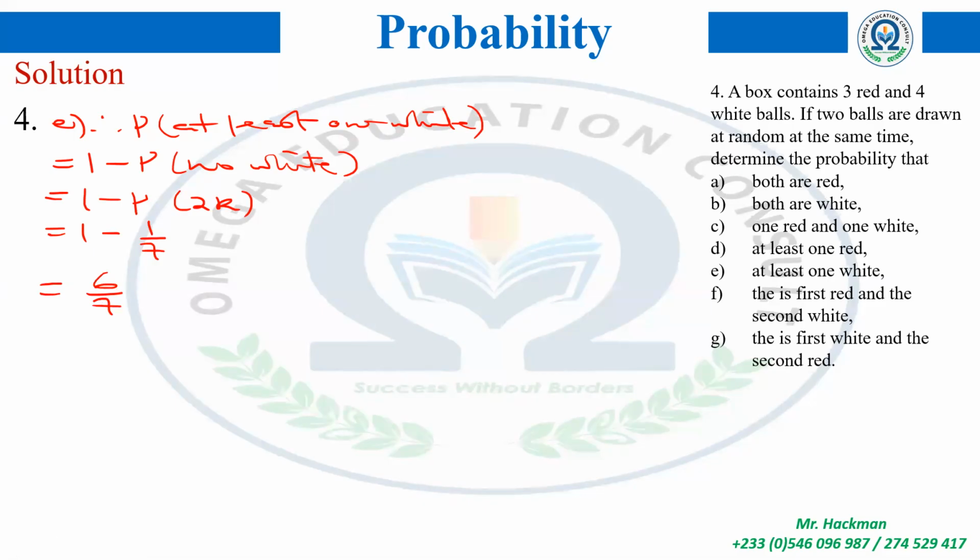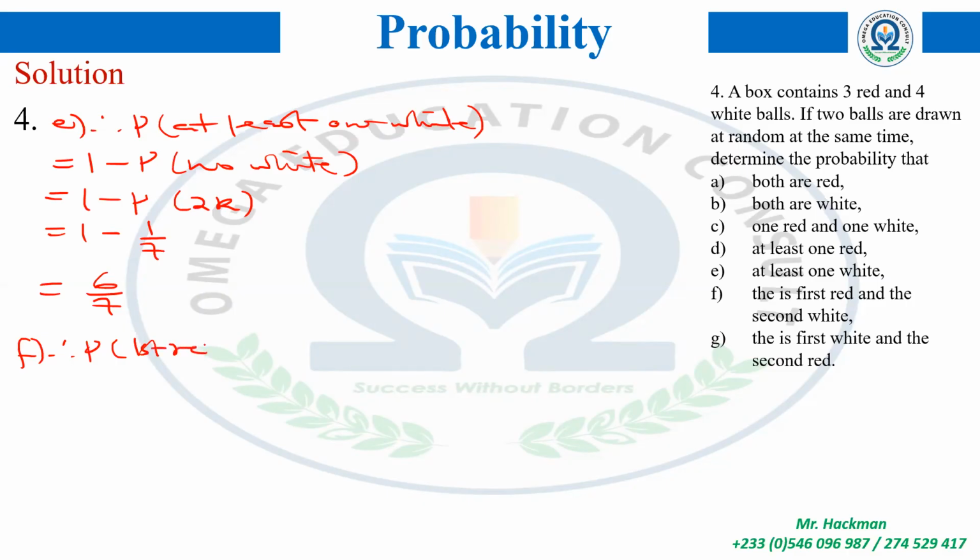So you can see that it's not difficult, provided you do your very best to follow and ask questions where you are confused. Okay, so the F. Therefore P, first is red, is that not it?